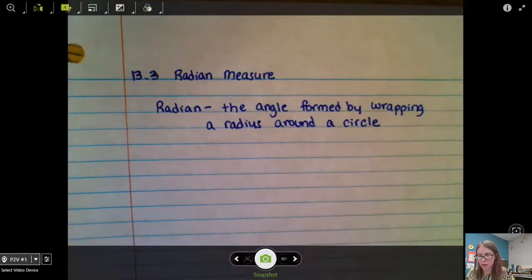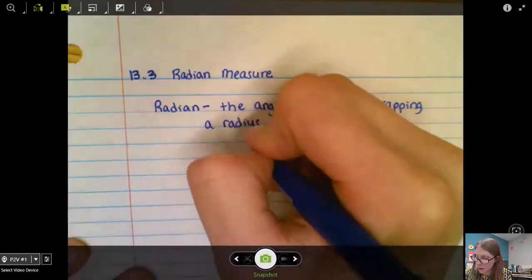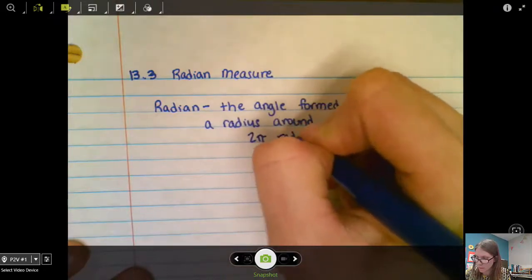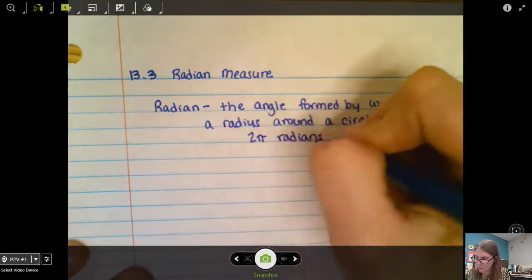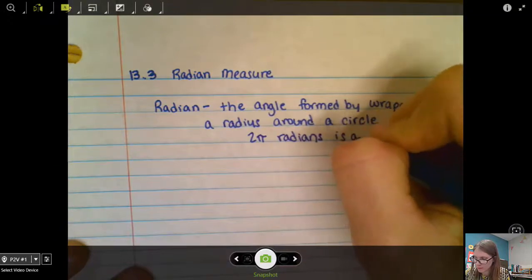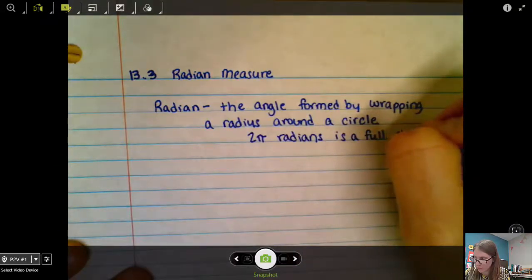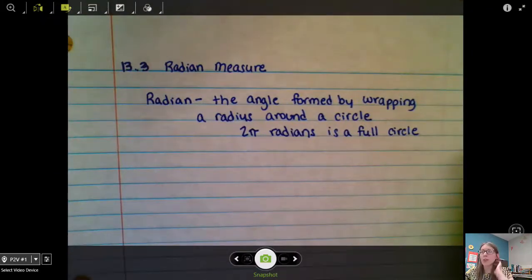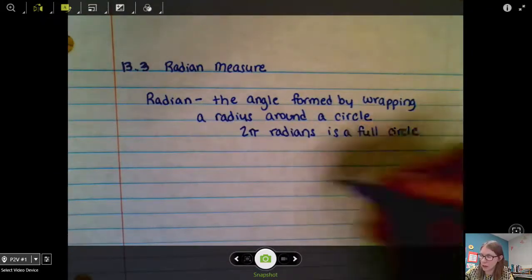And we saw also that 3 and a little more of those radians would fit inside half of a circle, which is pi. So 2 pi radians would be a full circle. And kind of comparing that back to something that we know already, a full circle we also know is 360 degrees.